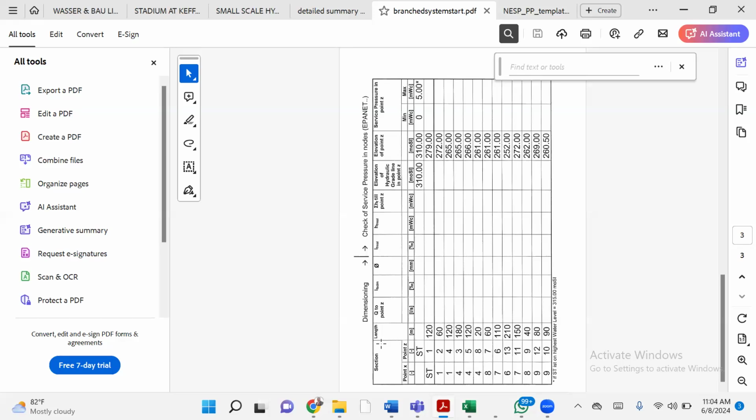The third column is the length of the section. Storage tank to point 1 has a total of 120 meters length. Point 1 to point 2 is 60 meters in length. Point 1 to point 4 is 120 meters in length. Point 4 to point 3 is 180 meters in length.